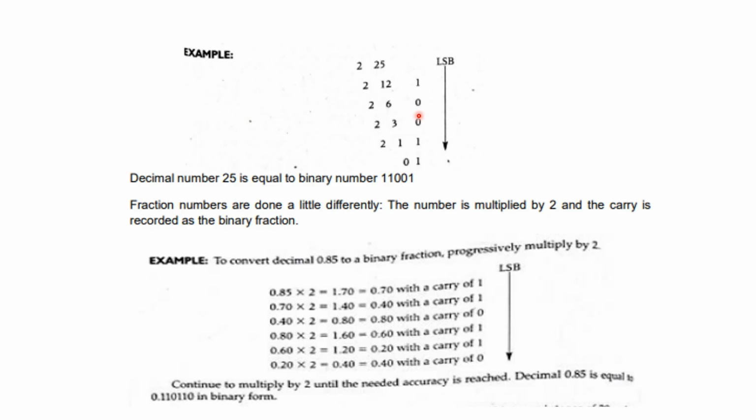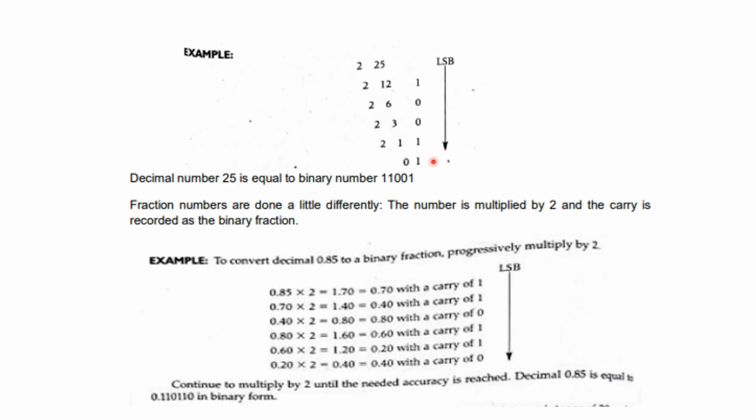Then 6 divided by 2 is 3 with the remainder of 0. But this time, 3 divided by 2 is 1 with a remainder of 1. And this one, 1 divided by 2, is of course 0 with a remainder of 1.